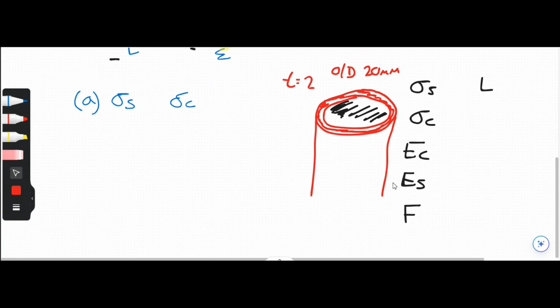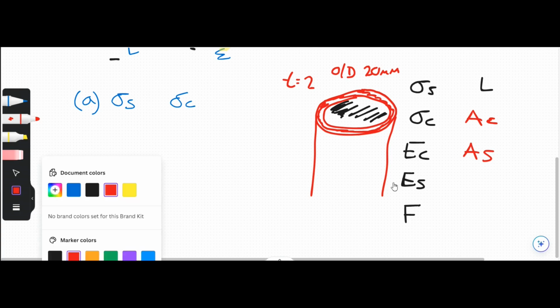We can work out the area of the concrete because it's a round thing, and we can also work out the area of the steel, which we can do. But first of all, we need to do some magic with this formula.